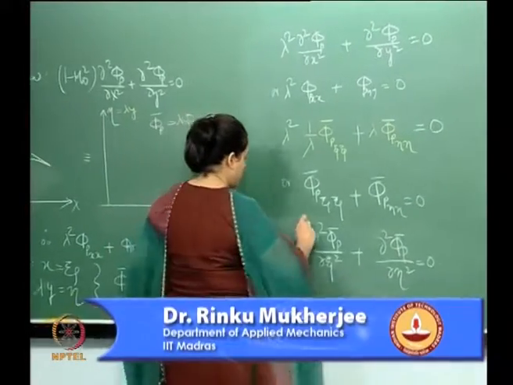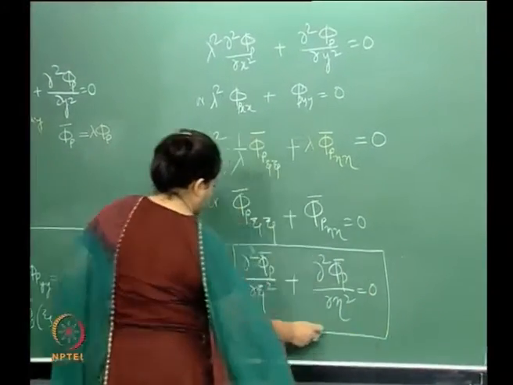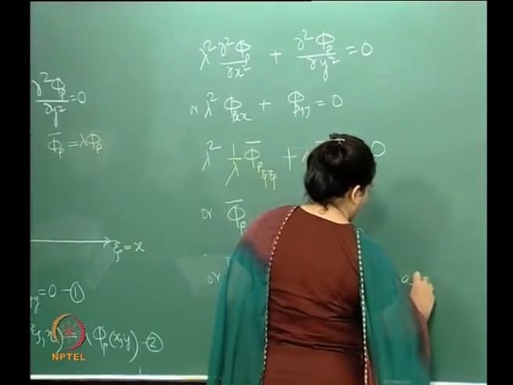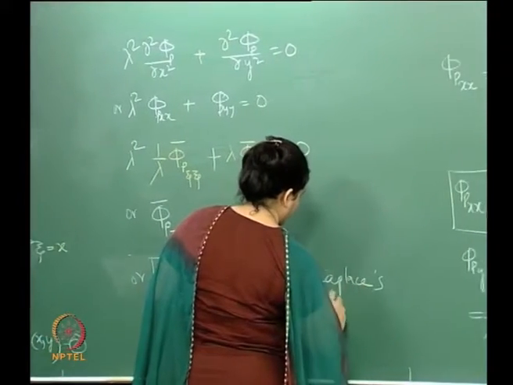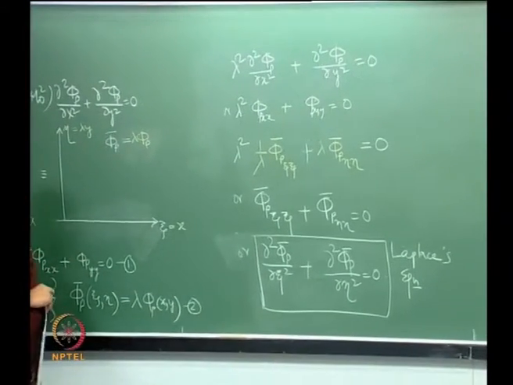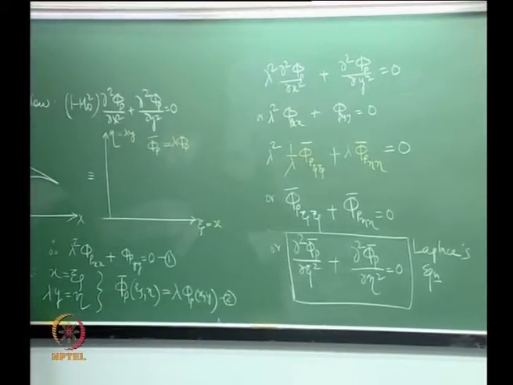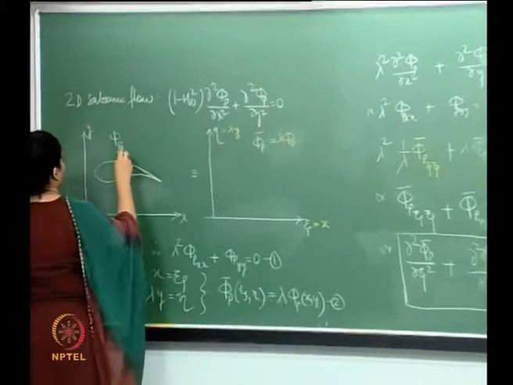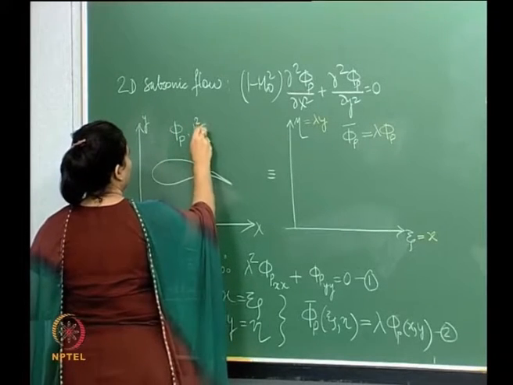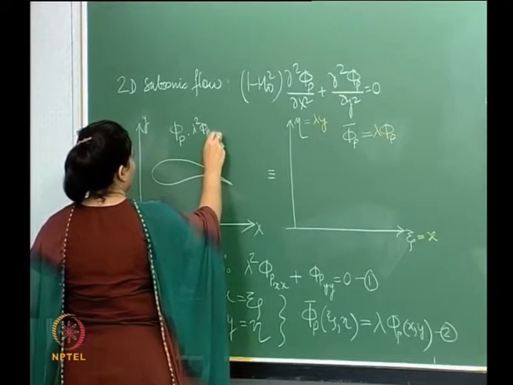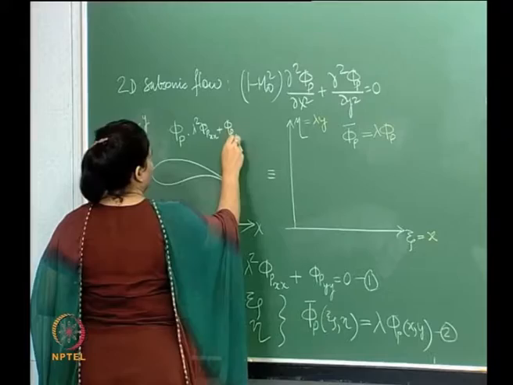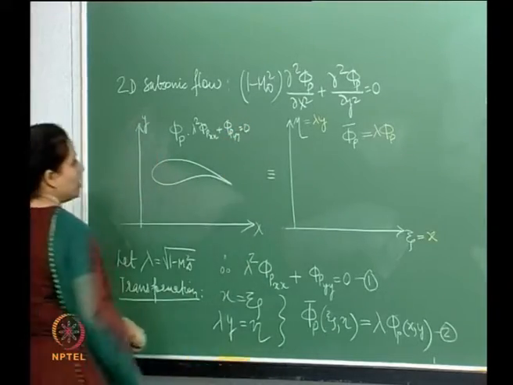So, this is therefore our transformed equation, and this is nothing but Laplace's equation, right. And the governing equation here is lambda square phi p x x plus phi p y y is 0, right.